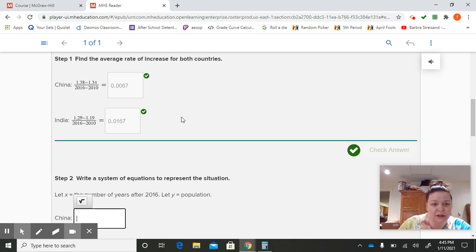So for China, my m is 0.0067, and I'm going to use the points 2016 and 1.38. So 1.38 equals 0.0067 times 2016 plus b.